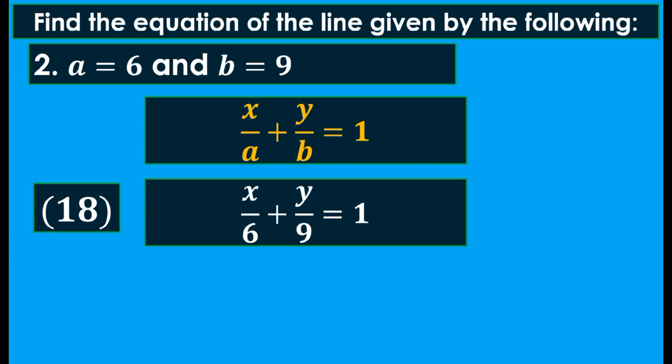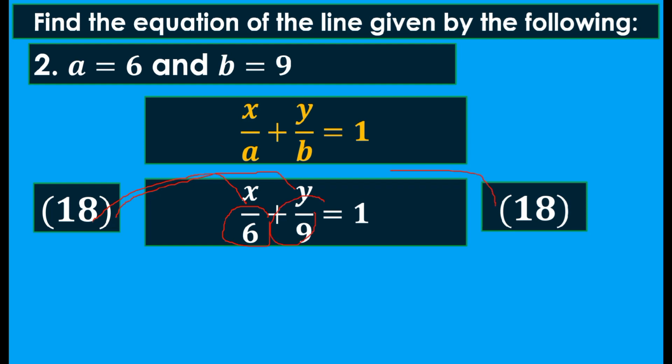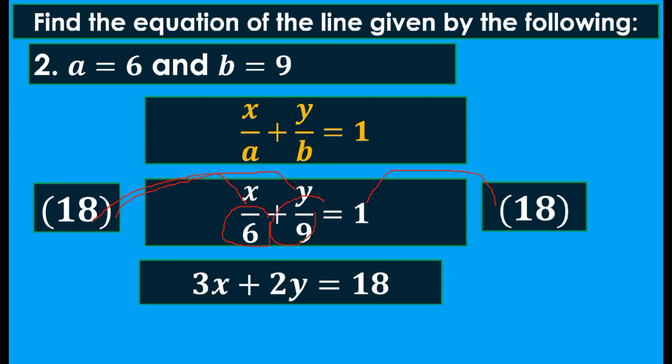So, 6, 12, 18. 9, 18. What is the common? It's 18. Okay? So, multiply both sides by 18. 18 times x, 18x, divided by 6. Then 18 times y, divided by 9. And then 18 times 1. So we have now 3x plus 2y equals 18.